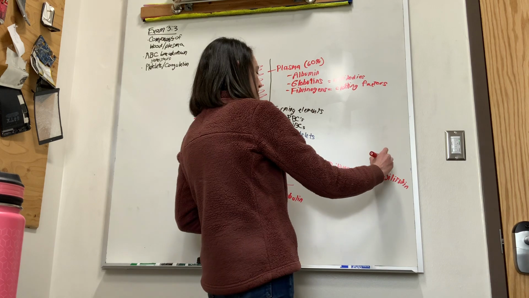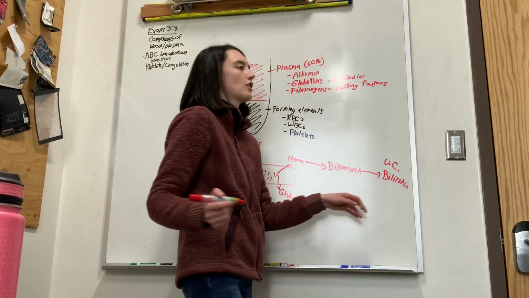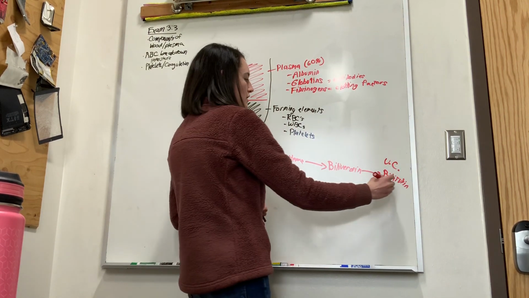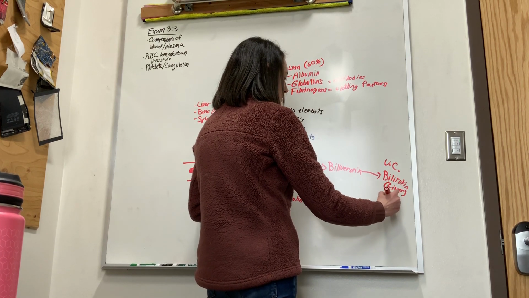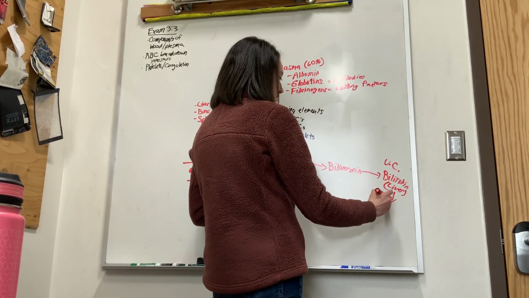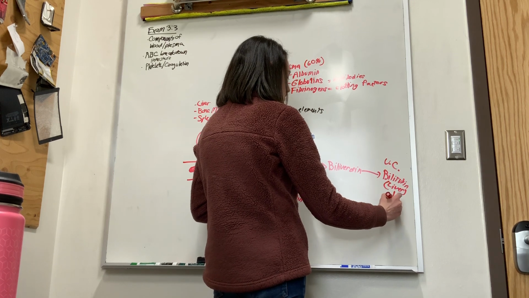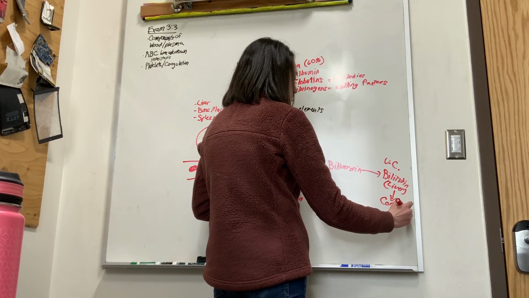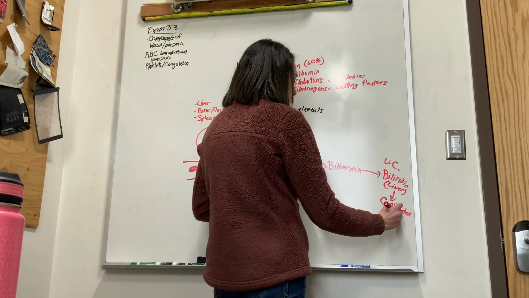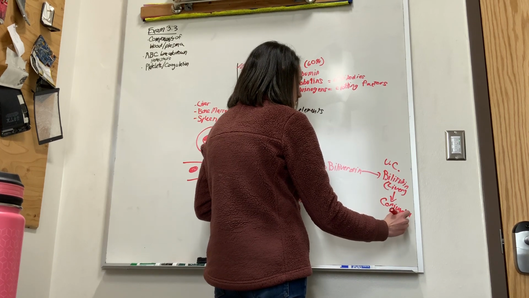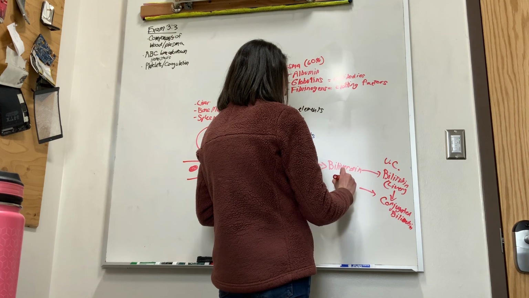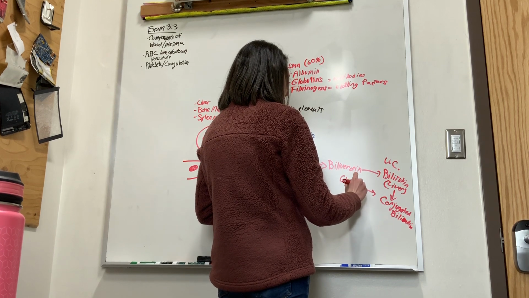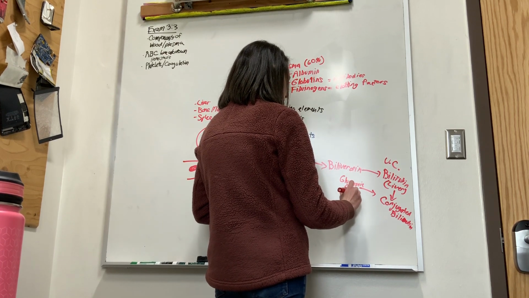But this bilirubin is going to be unconjugated until it hits the liver. So now we're in the liver. When it gets into the liver, it's going to be converted into conjugated bilirubin, and how that happens is through something called glucuronic acid.